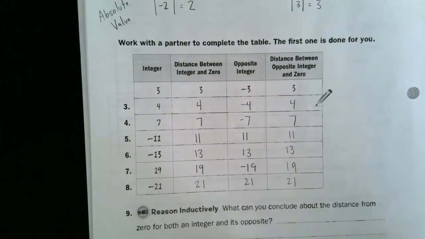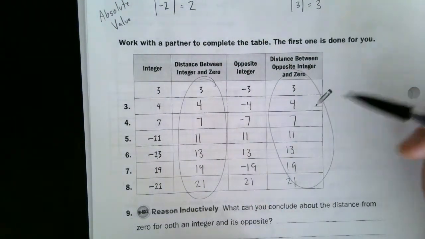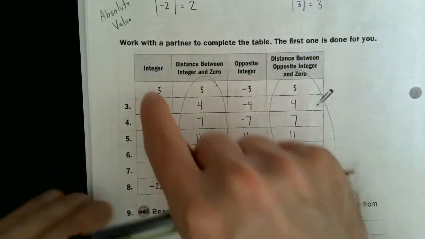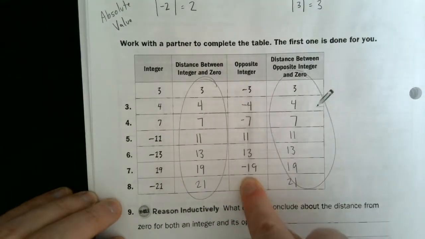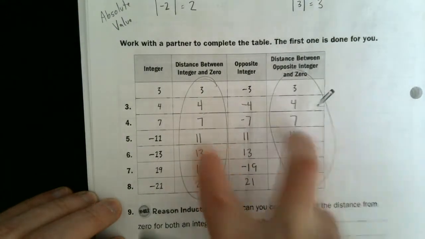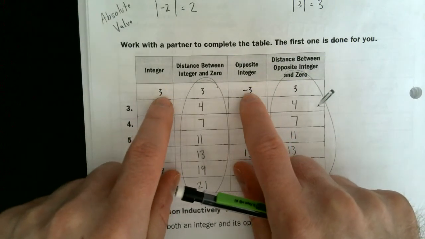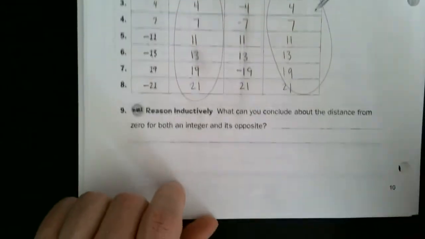21. The key thing is this. Look at these distances. They're the same. They're all positive. So what this shows is that any integer and its opposite are the same distance to 0. Any integer and its opposite, they're the same distance to 0.